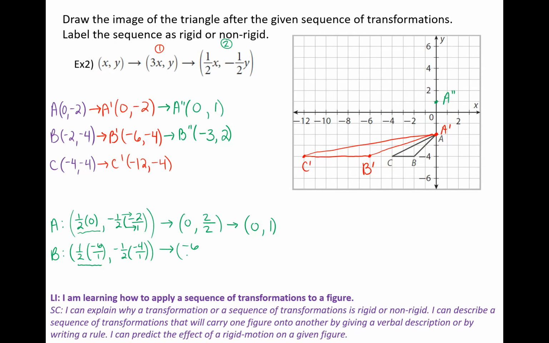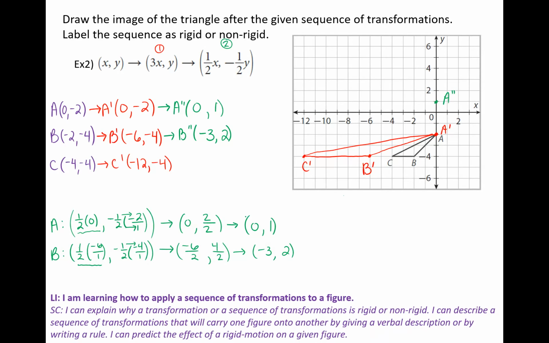And then for my y's, negative 1 times negative 4 is a positive 4, and then 2 times 1 is 2. All right, and then when I simplify that, negative 6 divided by 2 is negative 3, 4 divided by 2 is 2. So that is the math behind what we were doing if you're not comfortable with just taking the half.